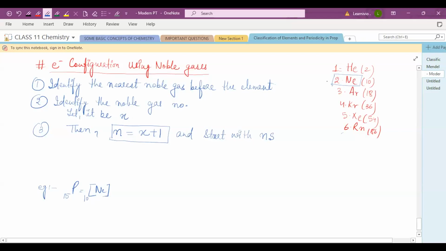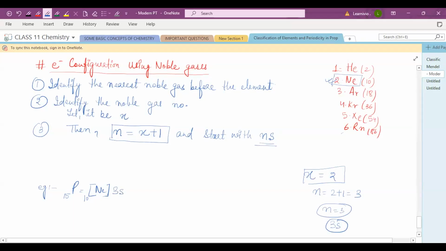Neon comes at the second position. So x value क्या हो जाएगी? x will be equal to 2. If x is 2, n will be x plus 1, means 2 plus 1, so it will give you 3. So n is 3, and you will start with ns, which means 3s. The next electron will go in the 3s section. After this noble gas, just start with 3s.